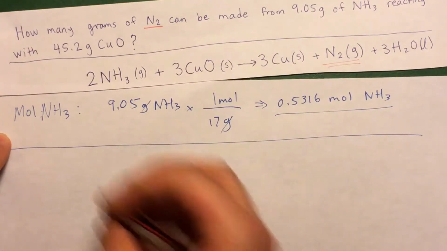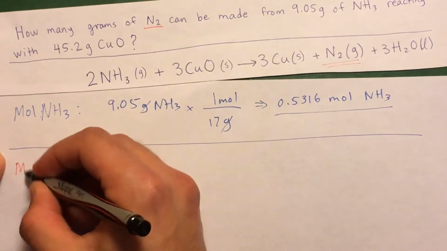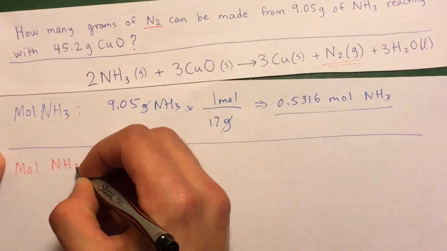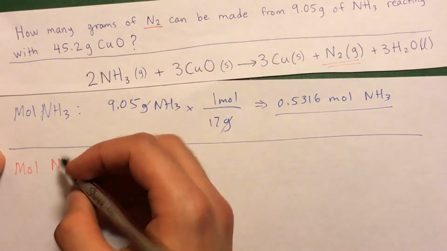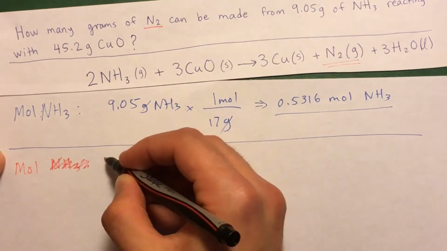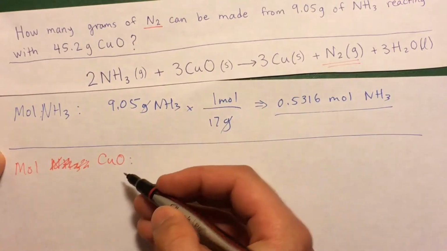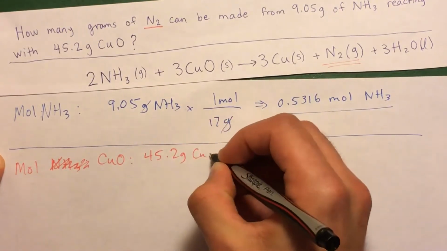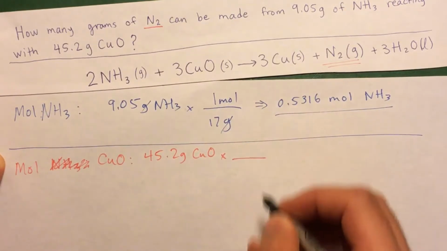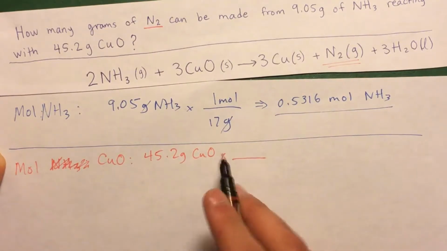Okay, now moving on to the other reactant. Let's do that with a different color. How many moles of copper oxide do we have? We have 45.2 grams of copper oxide. But what's the conversion factor to convert grams to moles?